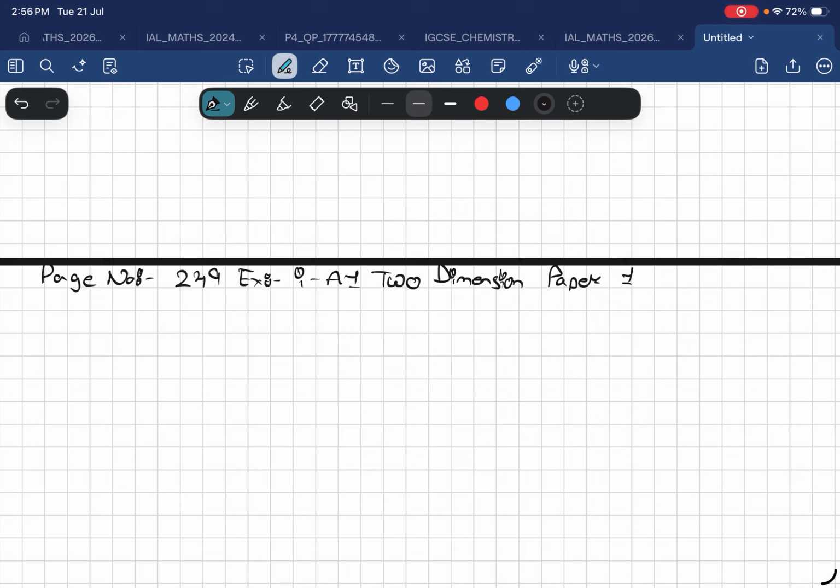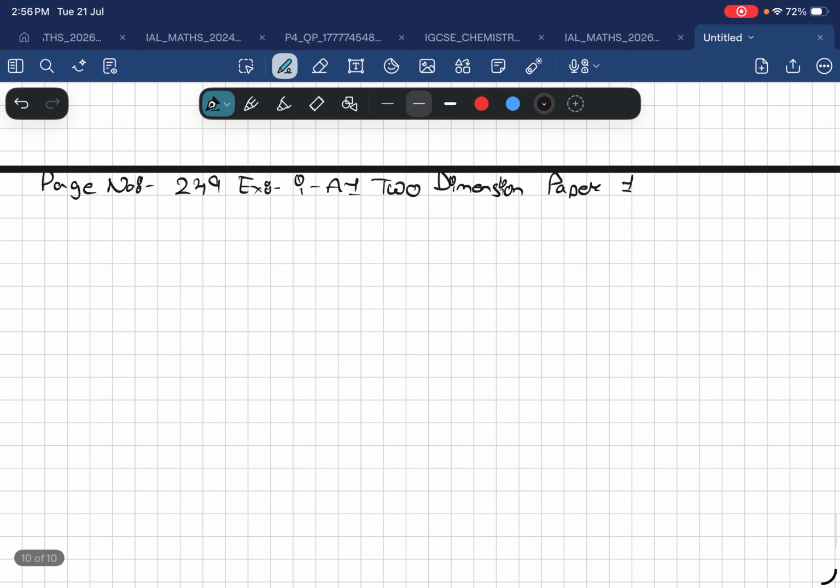Let's solve number 5. Okay, so let me first draw the diagram.